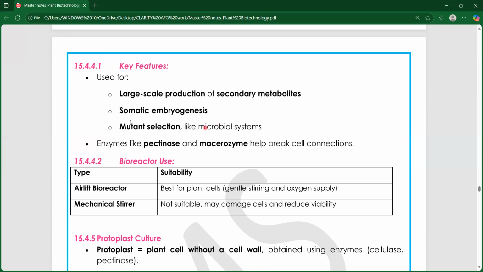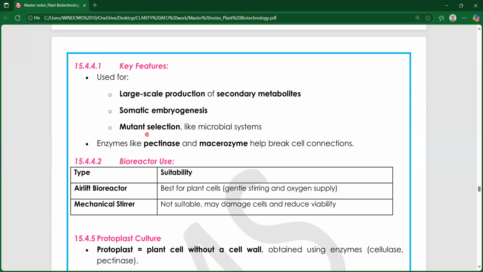Somatic embryogenesis and artificial seed production can also be useful applications of cell suspension culture. Okay, then this culture also aids in selection of mutants for desirable traits like salt or drought tolerance and so on.